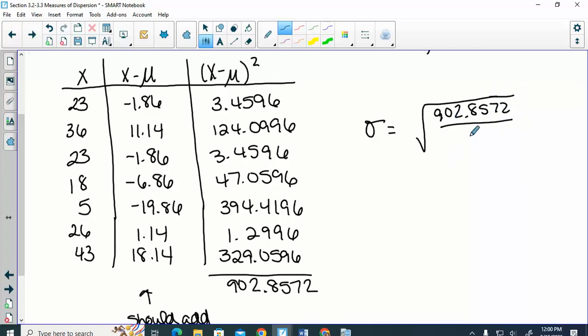What was my n? N is the number of values. 7. So we have the square root of that divided by 7, and I get a standard deviation of 11.3569.